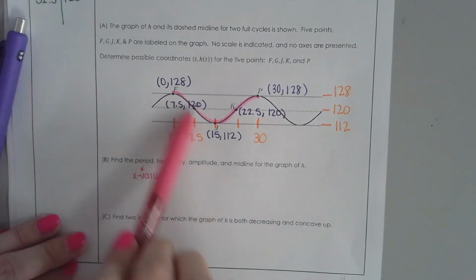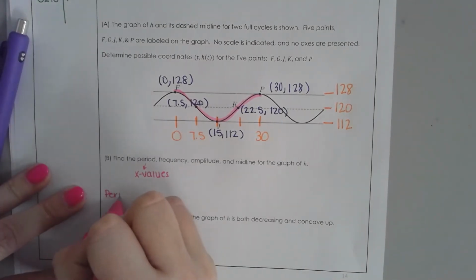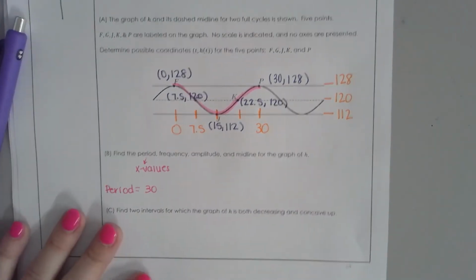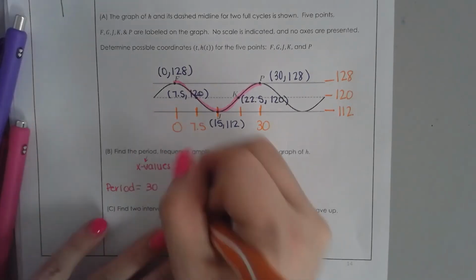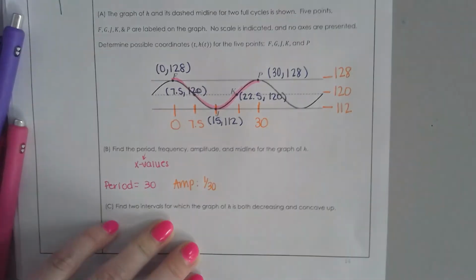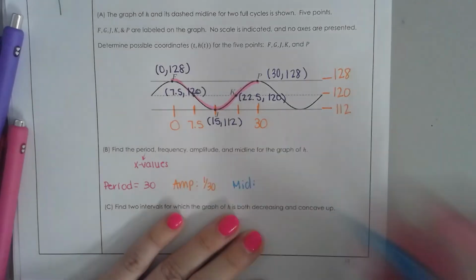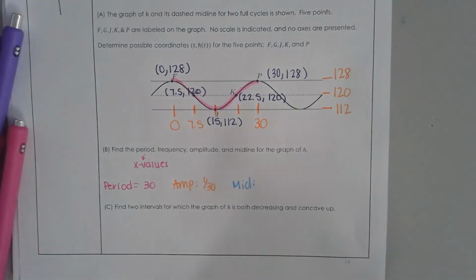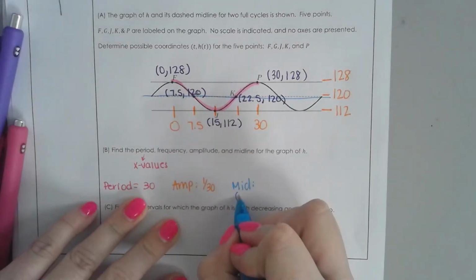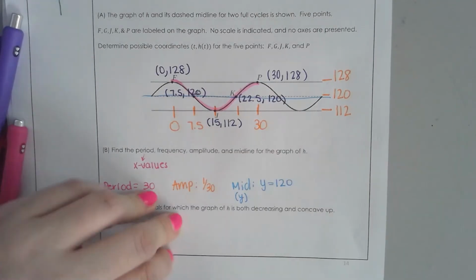So from 0 to 30, what's that length? 30. Yep, from 0 to 30, travel 30. Which means that the amplitude is just 1 over 30. The midline, you're really looking at the Y values. So it's Y equals 120. That's the one in the middle.